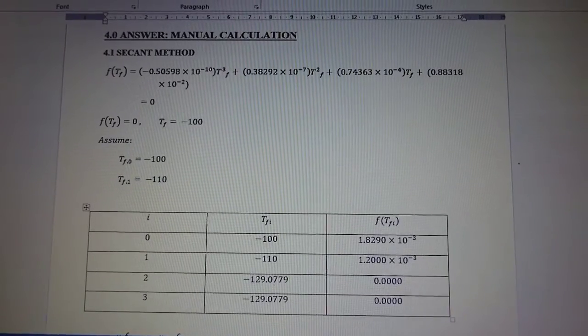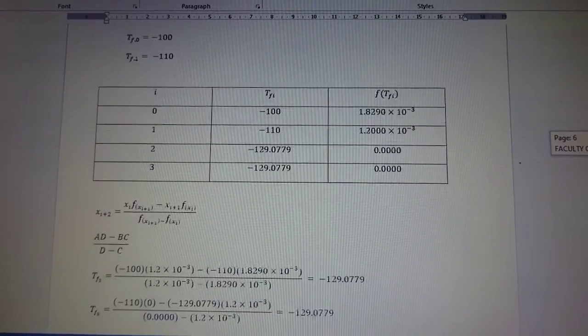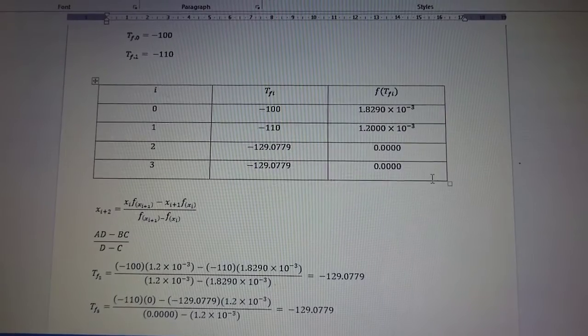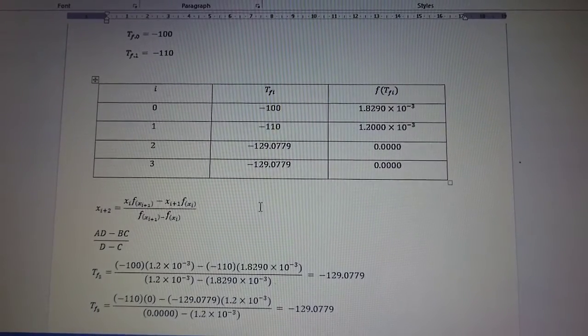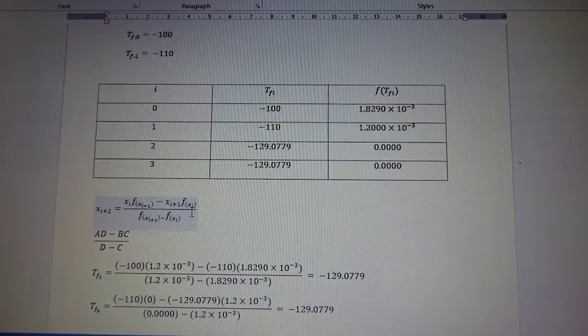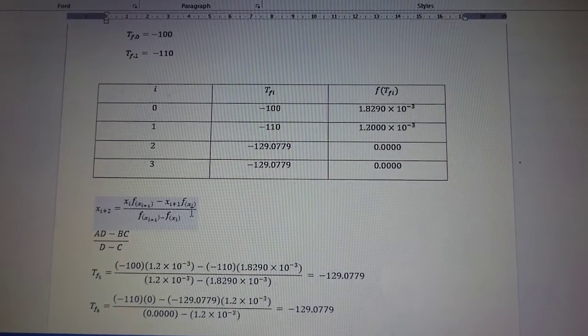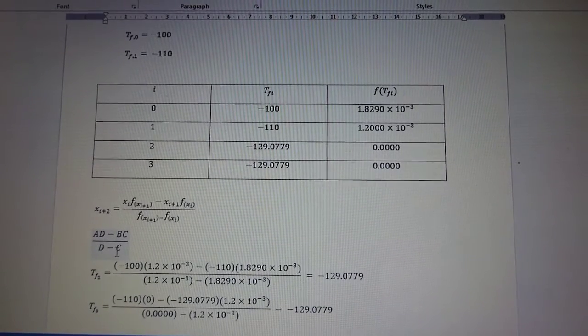Just assume that is the interval. In the secant method we use this formula, but it is easier to understand if we use the formula (AD - BC) over (D - C).